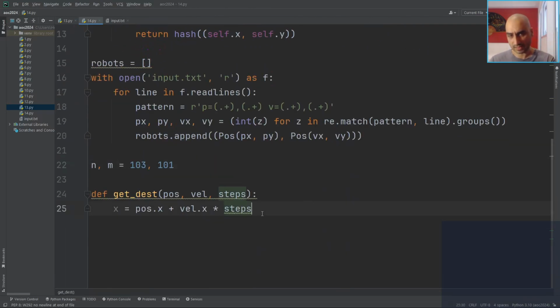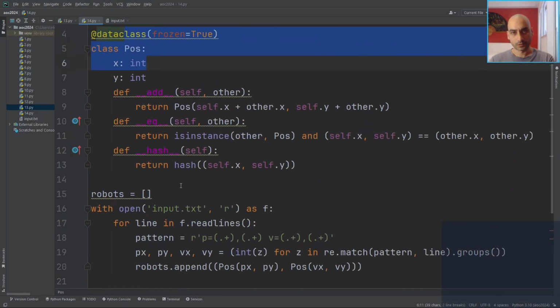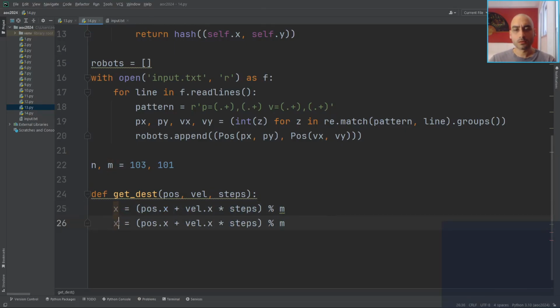No, we'll just do X and Y separately. So X equals pos.x plus vel.x times steps percent M. Is that right? Y equals pos.y plus vel.y times steps percent N.